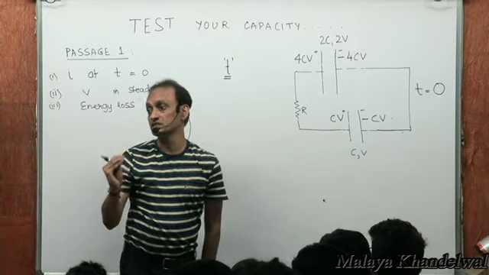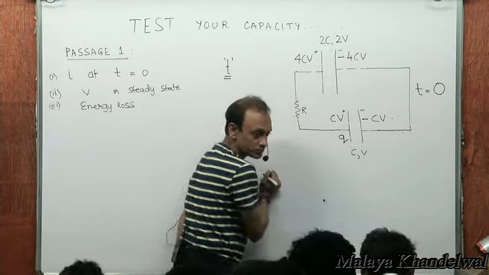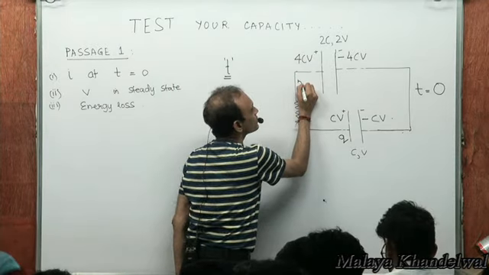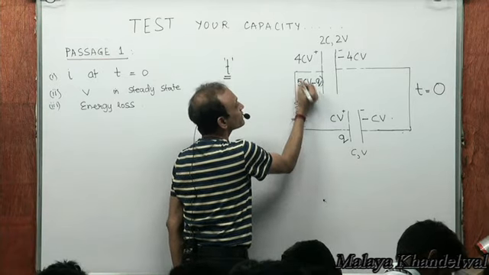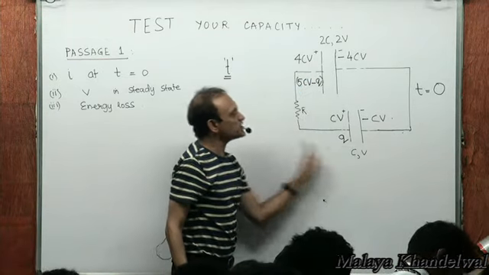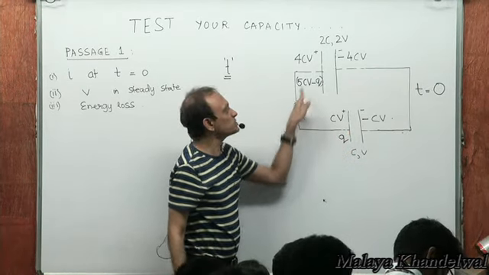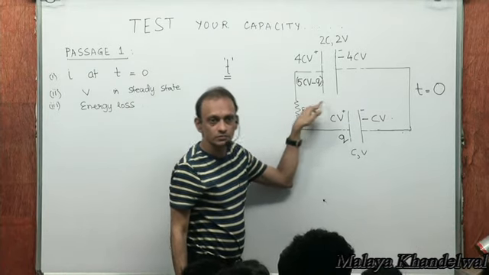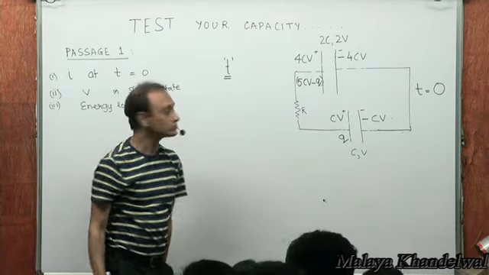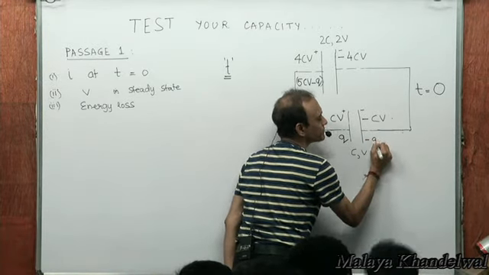So, if at a given instant of time this plate has charge Q on it, then this plate would have charge 5CV minus Q on it. Yes or no? And if this has charge Q, this would have had charge minus Q.